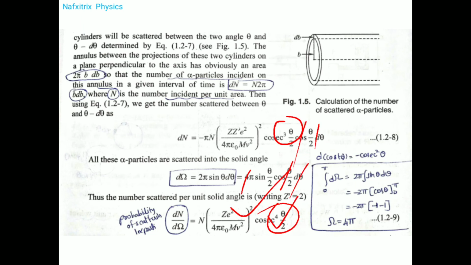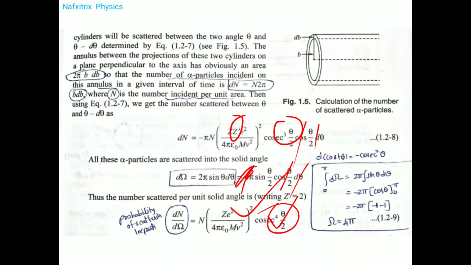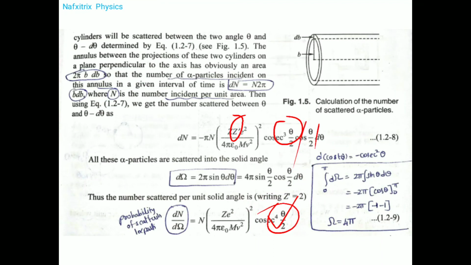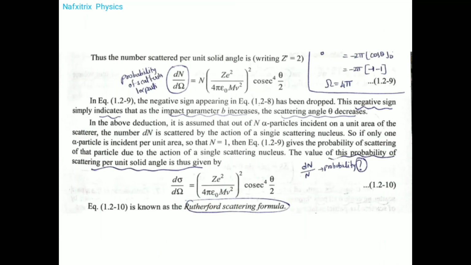Another important thing is that in the place of z dash we need to replace it with 2, because plus 2e is the charge of the alpha particles. So 2 square is nothing but 4, and that 4 and this 4 would get cancelled. Finally we would have this formula.